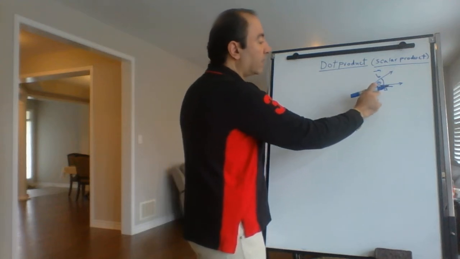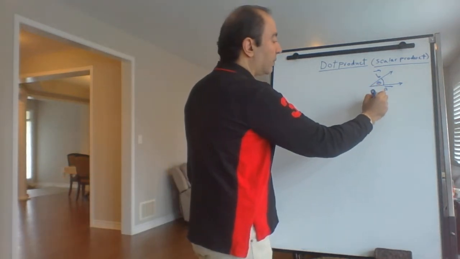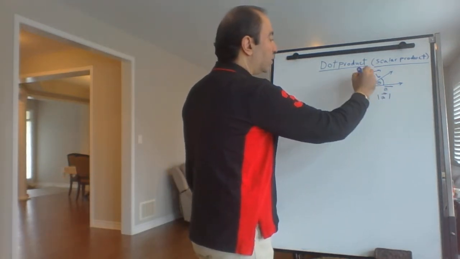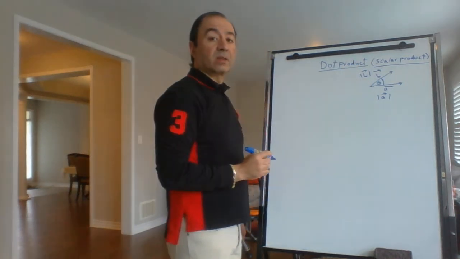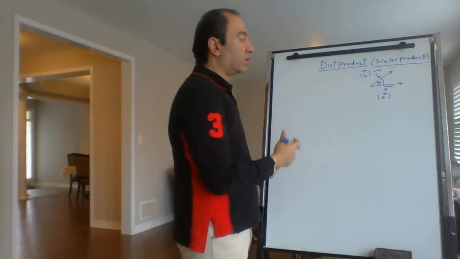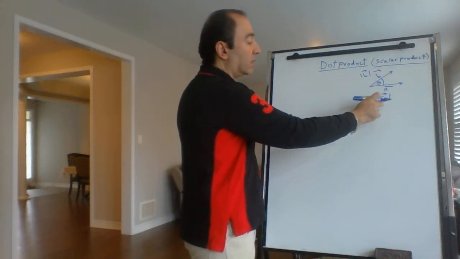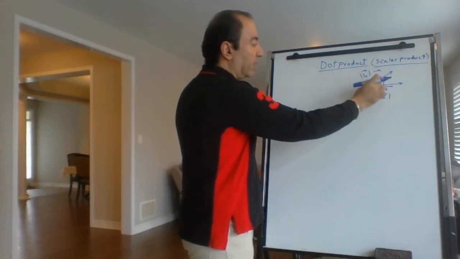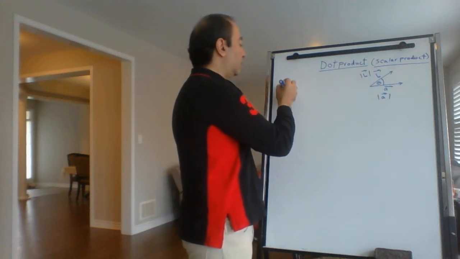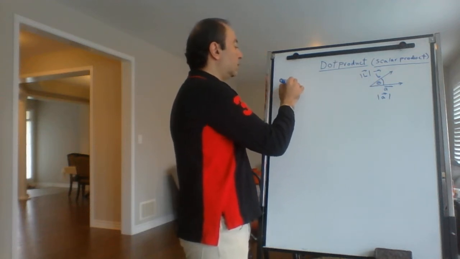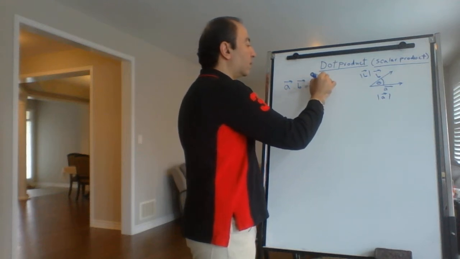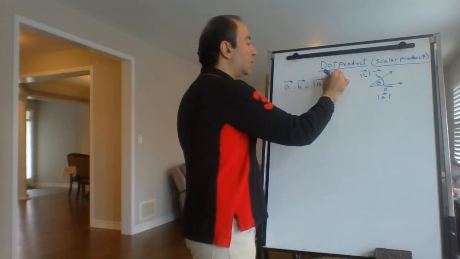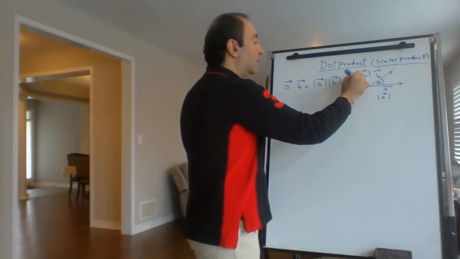And I know the magnitude of vector A, and I know the magnitude of vector B. So I represent it geometrically by the magnitude and the angle. The dot product of A dot B will be the magnitude of A times the magnitude of B times cosine of the angle between them.